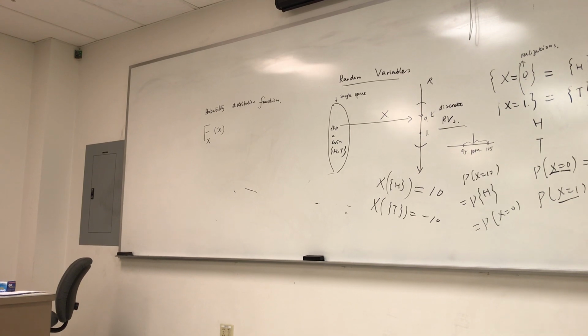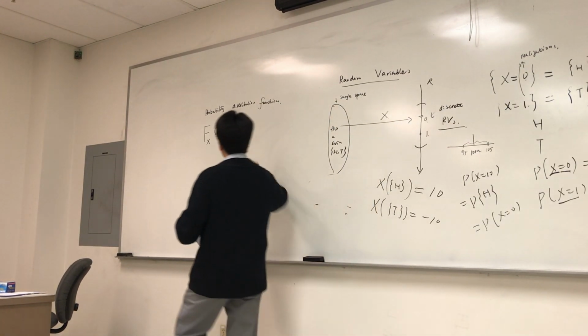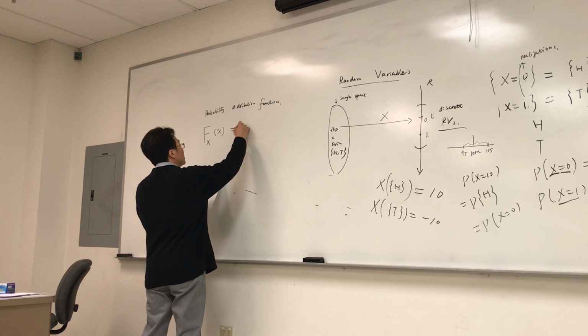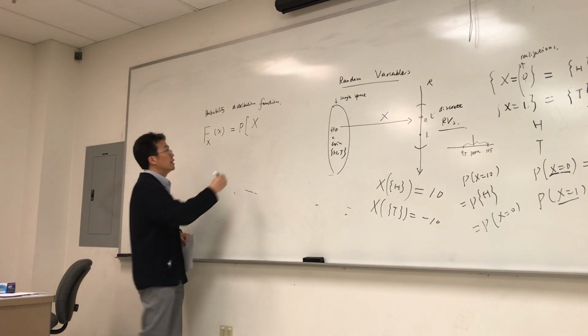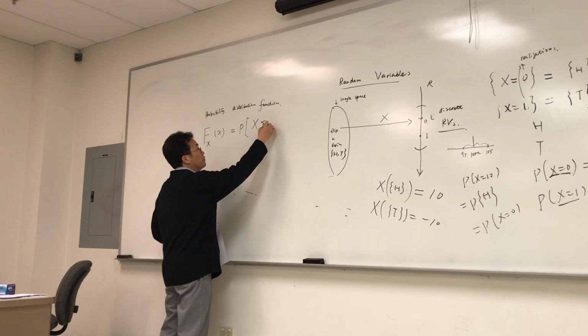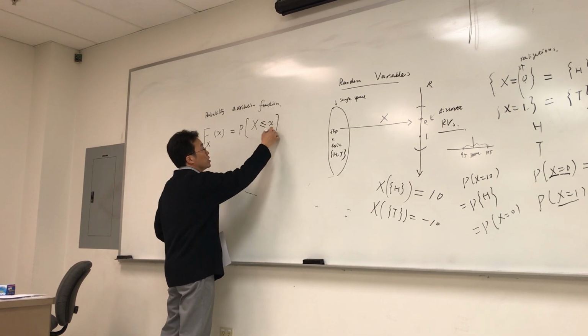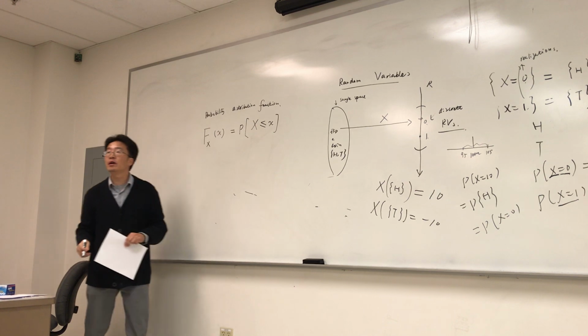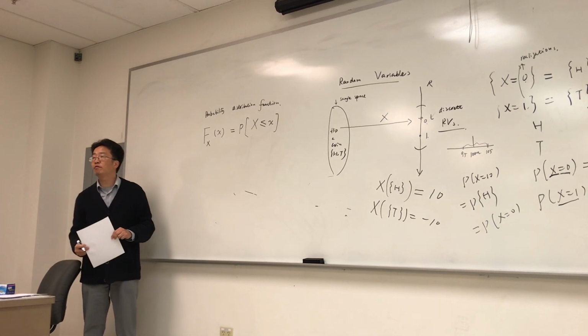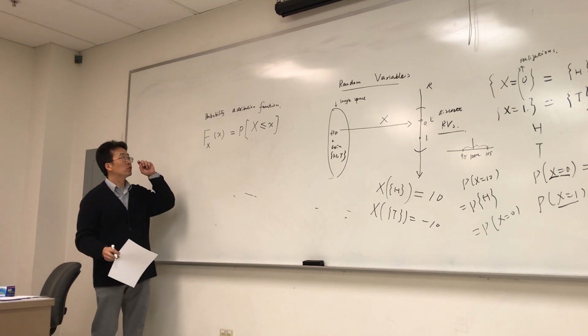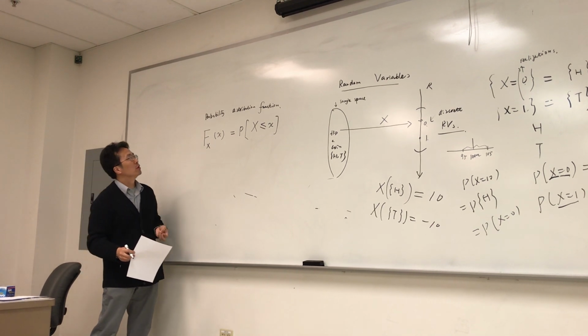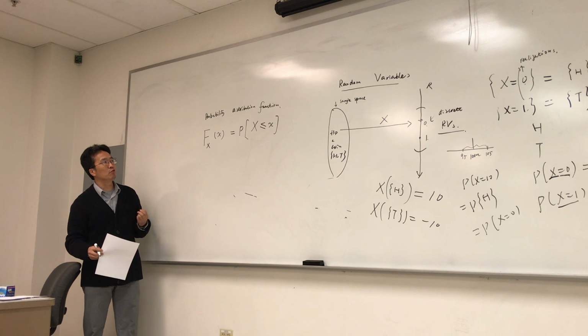Then this function is defined as the probability when this random variable is less than or equal to a specific realization, which is the corresponding independent variable of this function. So this is the definition for the probability distribution function.